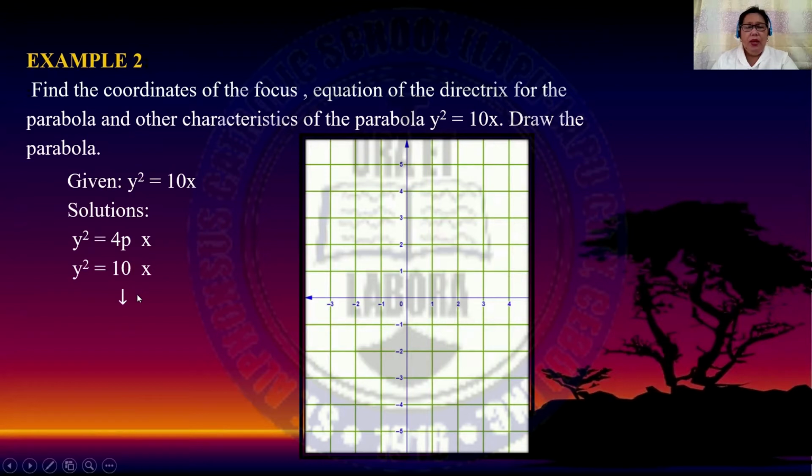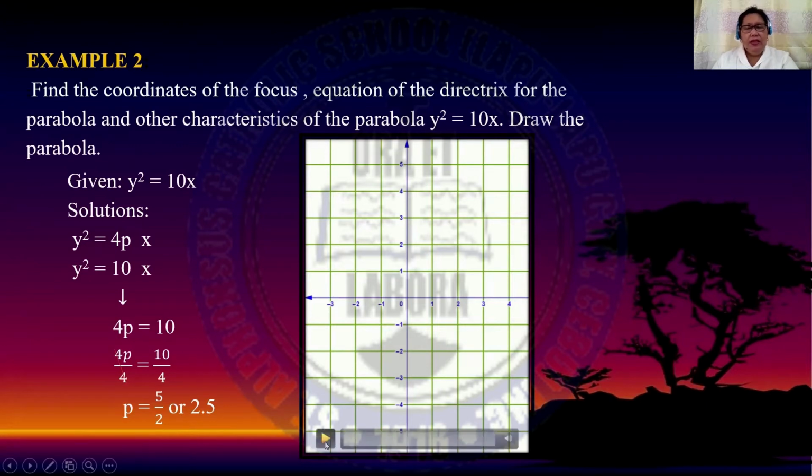And then we have to solve for p. 4p is equivalent to 10. So the number before x is the value of 4p. Then divide by 4 and also here by 4. So what we have is 5 over 2 or 2.5.